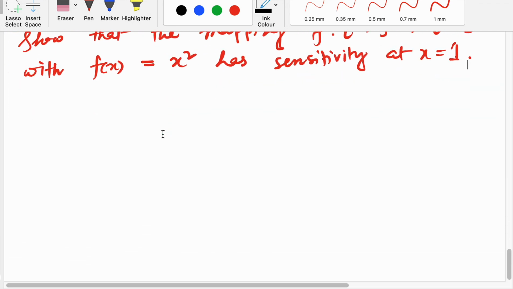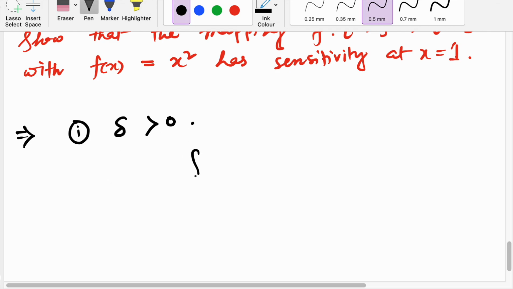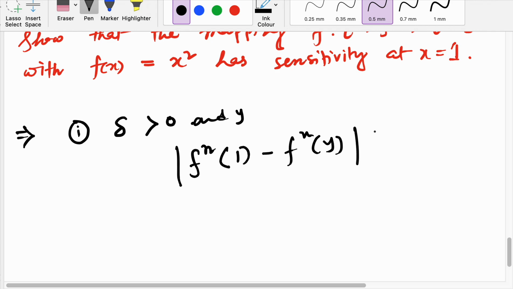So what we have to do is first find this delta. We have to find a delta greater than 0 and a y, and in every open interval which contains x equal to 1, we have to show that |f^n(1) - f^n(y)| is greater than or equal to delta.